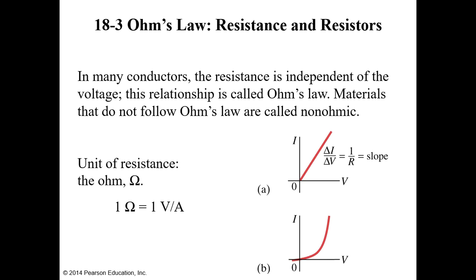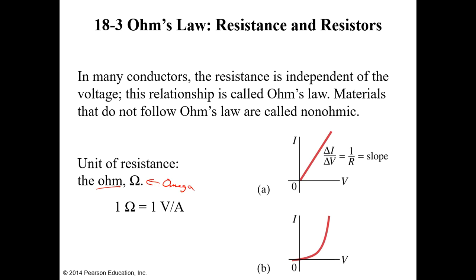The units for resistance are measured in ohms, after Georg Ohm, who Ohm's law, of course, was named after, and was the one who helped us understand this proportionality equation, V equals IR. And we indicate the unit ohm using the Greek letter omega, capital letter omega.